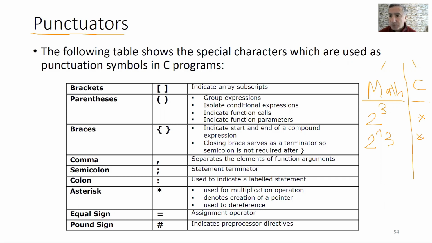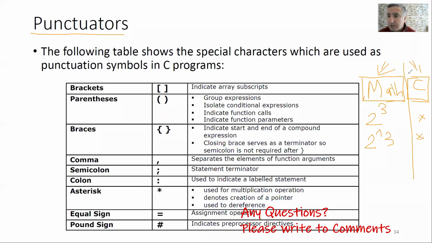I will come to this point again, but please pay attention that mathematics is a language with different notations, with different punctuation, with different rules. And C is another language with its own rules for punctuation and so on. So please understand that you know the math already from primary school, high school, okay?